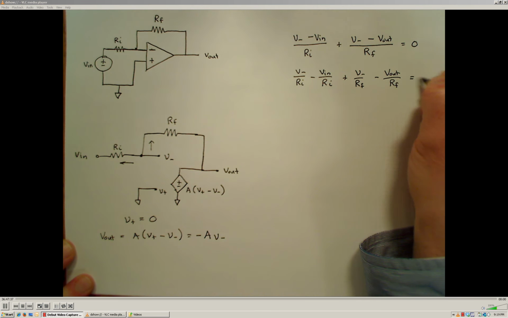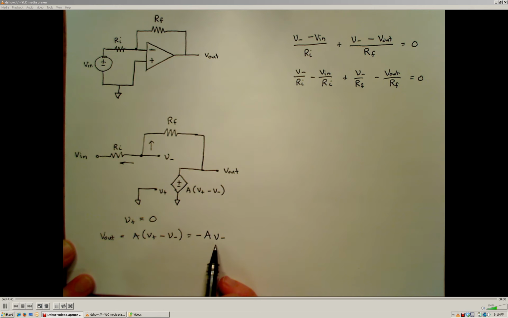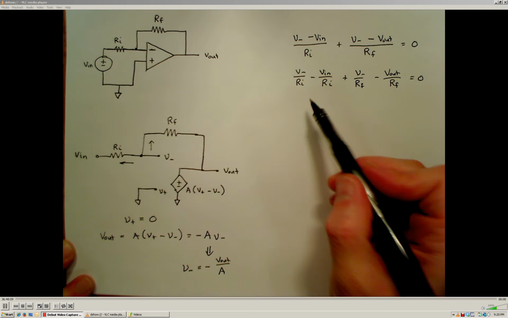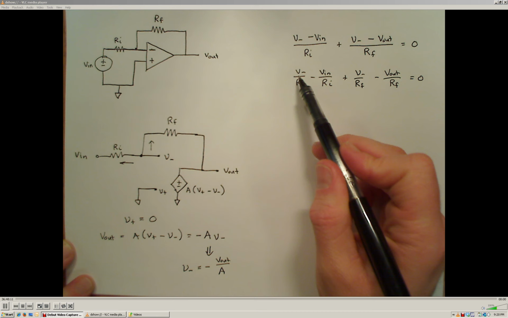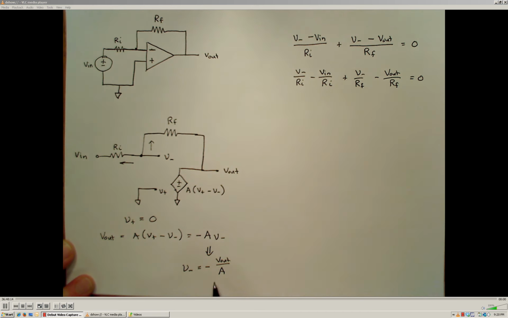is 0. And also, I'm going to rearrange what I found previously, that V out is equal to the opposite of this large gain factor times the voltage at the inverting input terminal. From this, I see that the voltage at the inverting input terminal can be rewritten as negative V out over that large gain factor A. So now, anywhere I see the voltage at the inverting input terminal, I can replace it with this.